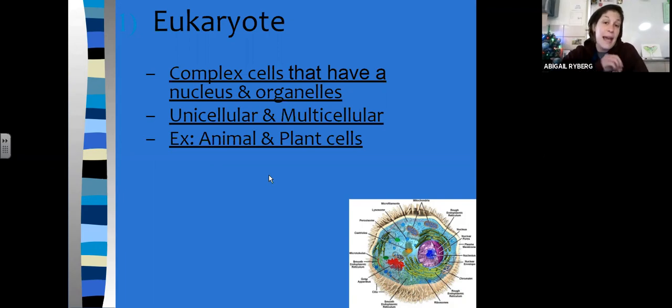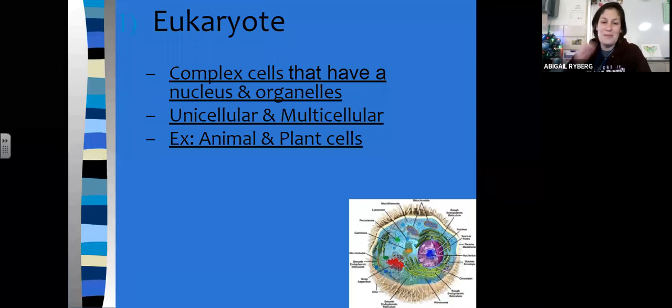Eukaryotic cells can be unicellular, meaning the whole organism is just one cell, or multicellular, like us. So we are a multicellular eukaryote. Examples of eukaryotes are all animals and most plants.